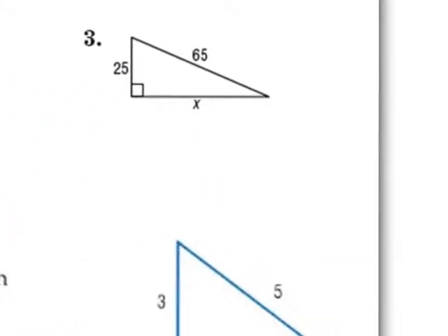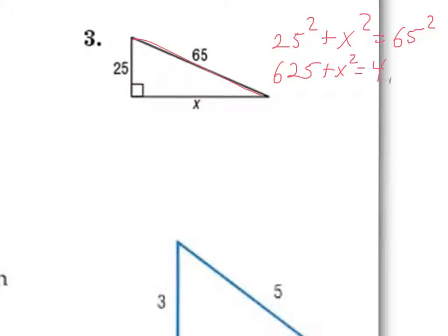Okay, now we've got a little bit of a bigger number here, but we're going to end up with 25 squared plus x squared, those are the two legs, 65 is the hypotenuse, equals 65 squared. 625 plus x squared equals 4,225.